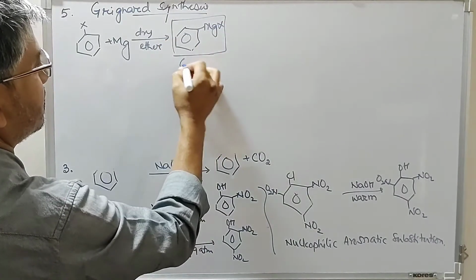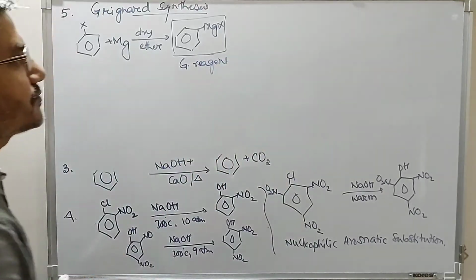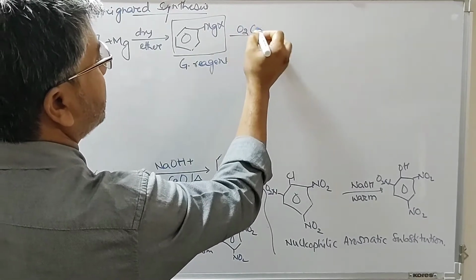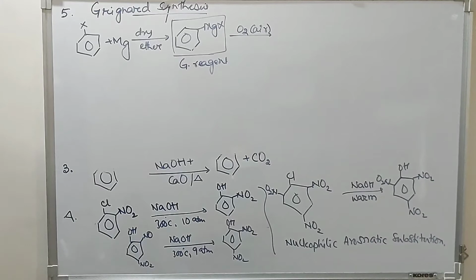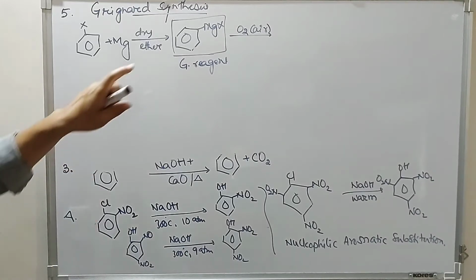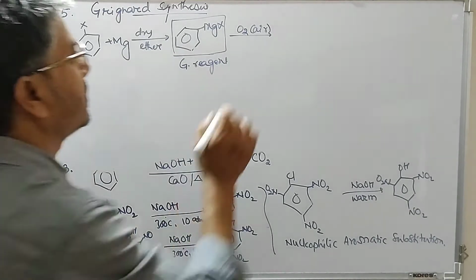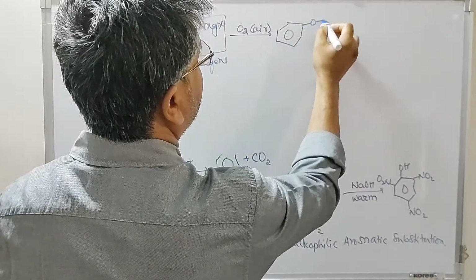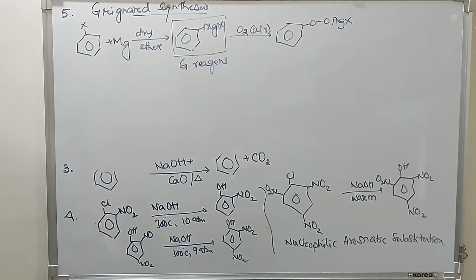So we are actually starting from this Grignard reagent. This Grignard reagent reacts with oxygen from air, that is aerial oxidation. A reaction of Grignard reagent with oxygen from air gives you a peroxo compound.